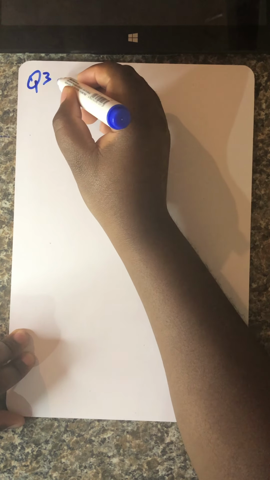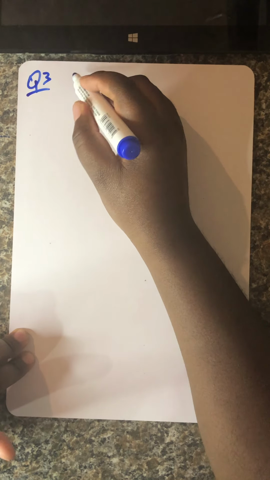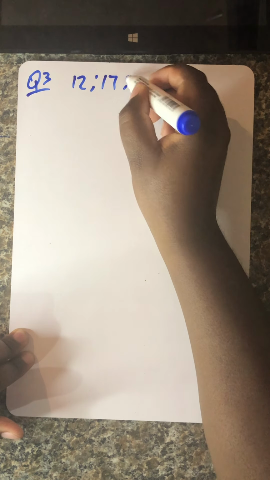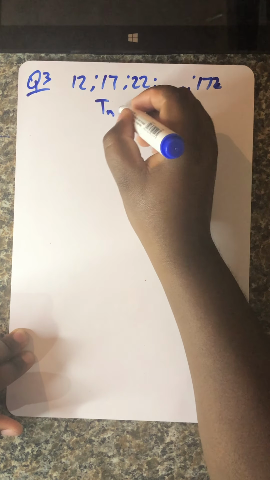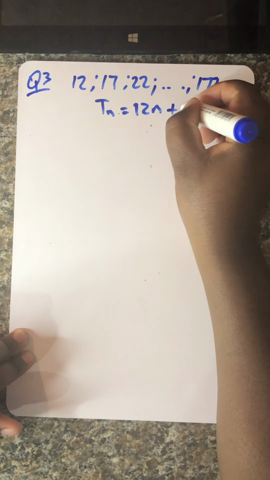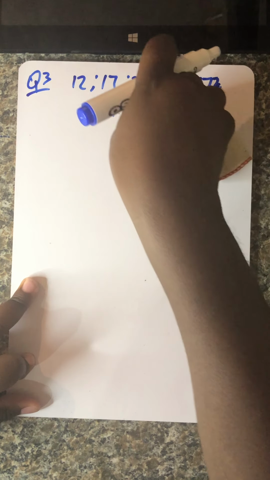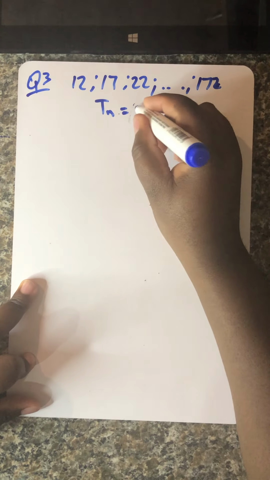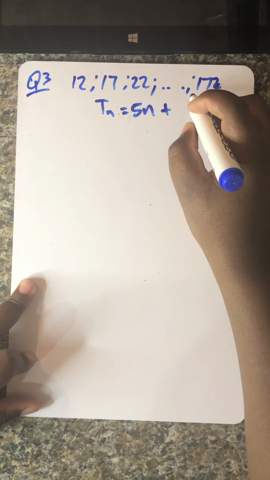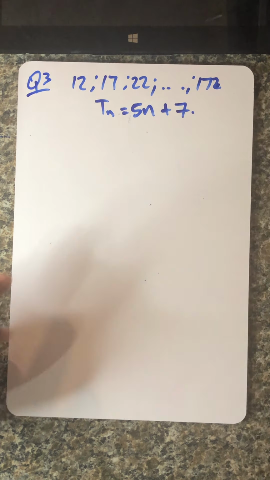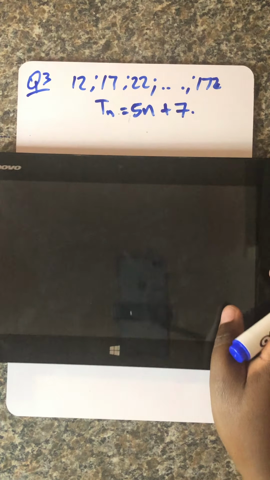So this is question 3. We have 12, 17, 22, then 172, and the formula was Tn equals 12n plus 7. No, not 12, but 5. Remember, guys, as I write, you can just note only important information. So this is 5n plus 7. Now let's move to the next question.